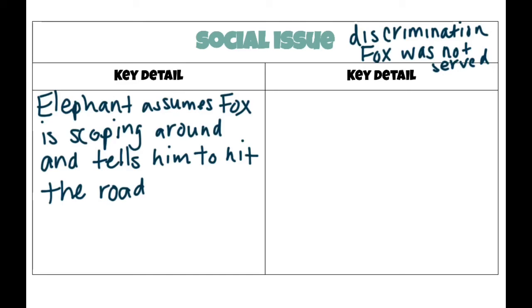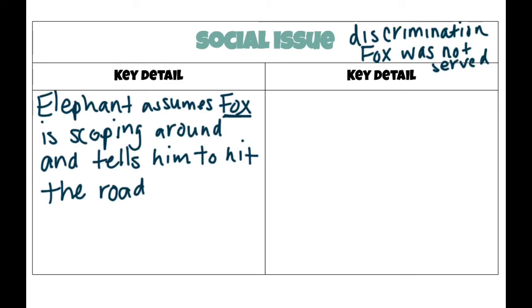So if we think about this key detail, it goes back to the social issue because he assumed the fox, because usually foxes do this, scope around, and he tells him, get out of here. I don't want you to be here. I don't want to serve you.